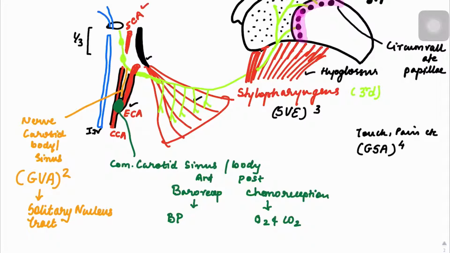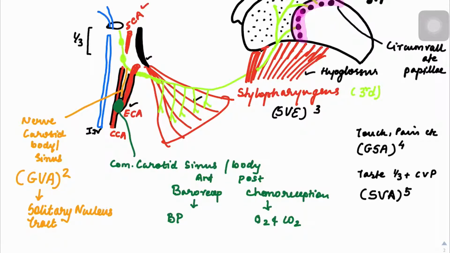That's my fourth component. And the taste sensation from the posterior one-third of the tongue plus the circumvallate papillae belongs to another type of category, that is special visceral afferent column. So this is my last and important functional component of the glossopharyngeal nerve.